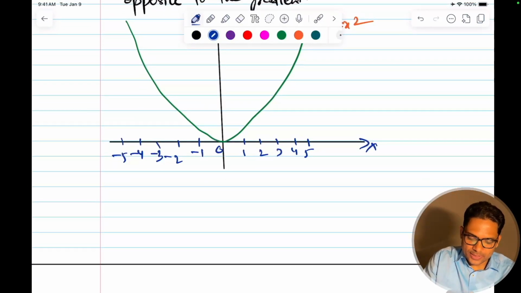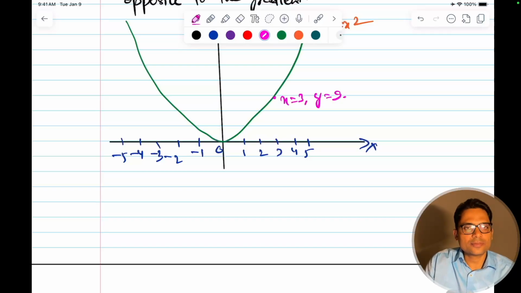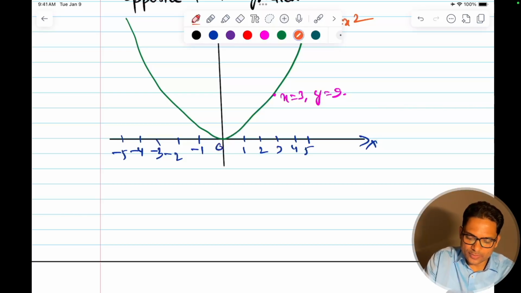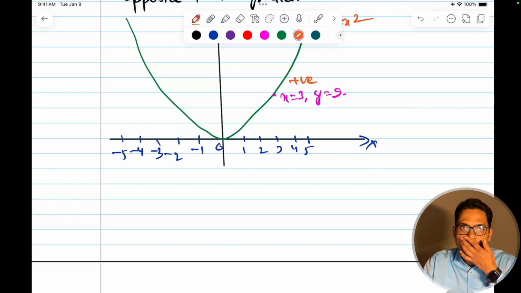Say for example, I start from an initial point x equal to 3, and I'll have a corresponding y, which will be 9, this point. Now I have to do gradient descent on this point. I'll just give an example, assuming there will be some positive slope here.